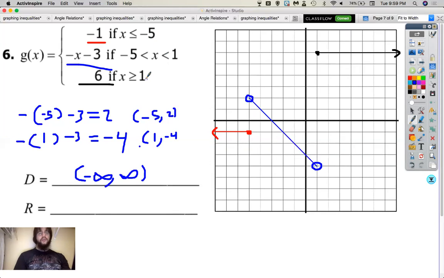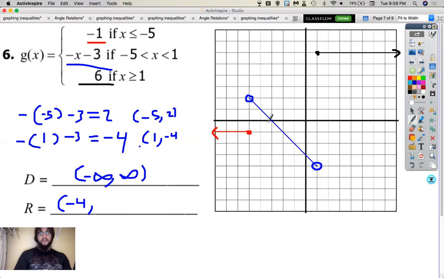Range. So the range is bottom to top. Going from the bottom up here, that's -4 is my first thing, and I don't include it. It's open. Now, where do I stop going up at? Oh, hey, look at this thing. It's just sitting here, but who cares?